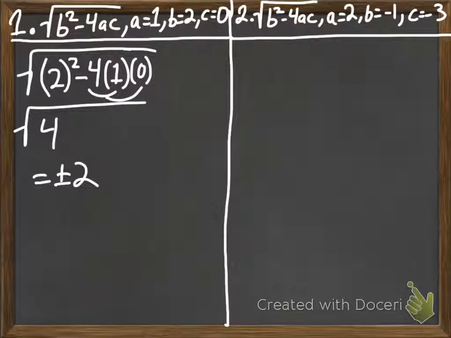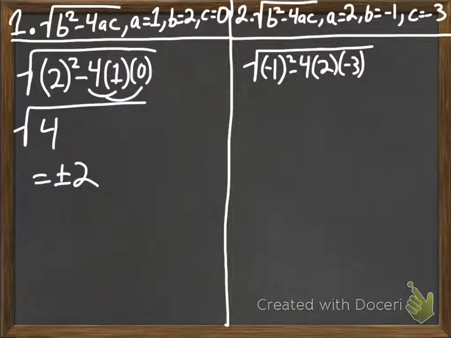So the second example, we have the square root of b squared minus 4ac. We know that a equals 2, b equals negative 1, and c equals negative 3. So we have negative 1 squared minus 4 times 2 times negative 3. Alright, this gives us negative 1 squared is 1.